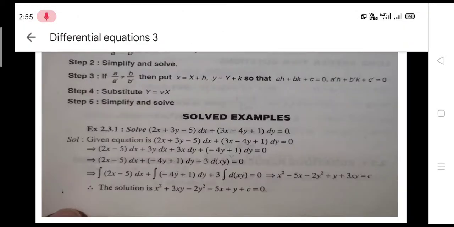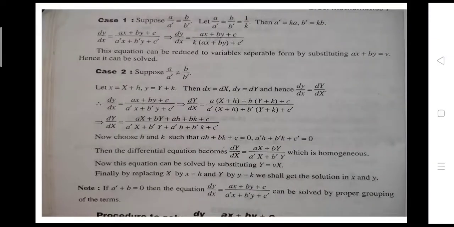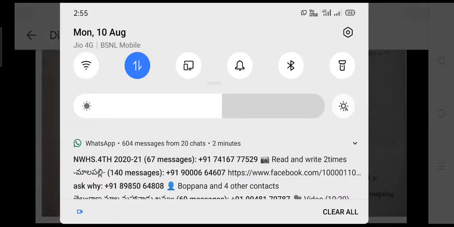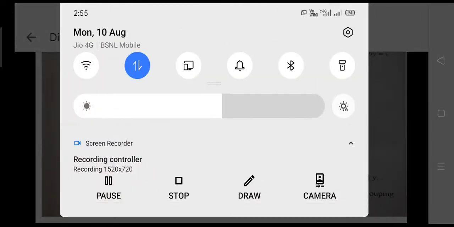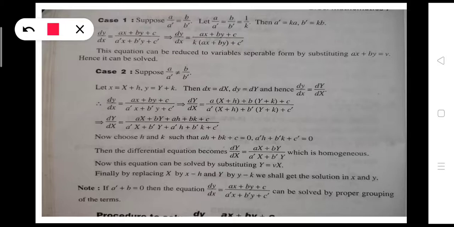Then differentiate small x and small y with respect to x: dx is equal to dX and dy is equal to dY, and hence dy/dx is equal to dY/dX. Therefore dy/dx is equal to what?